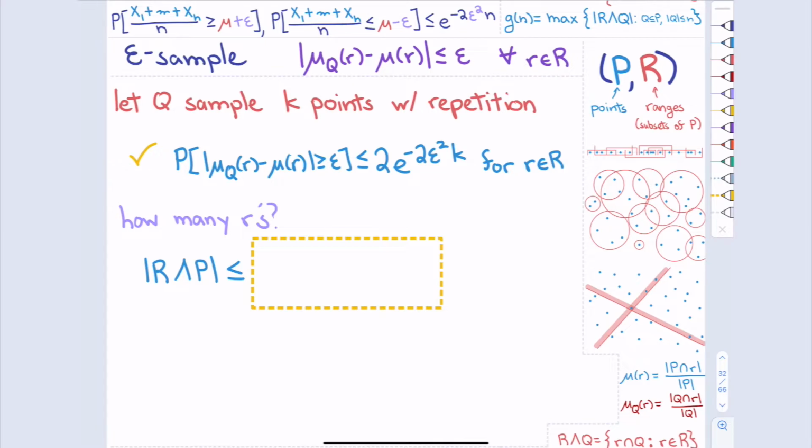But we now have another tool to try to bound this. What was it for disks?